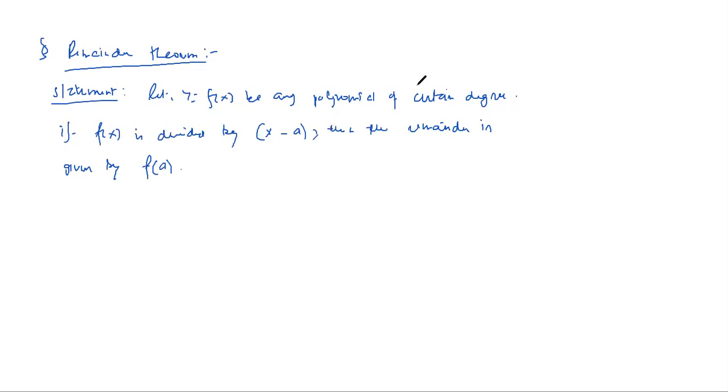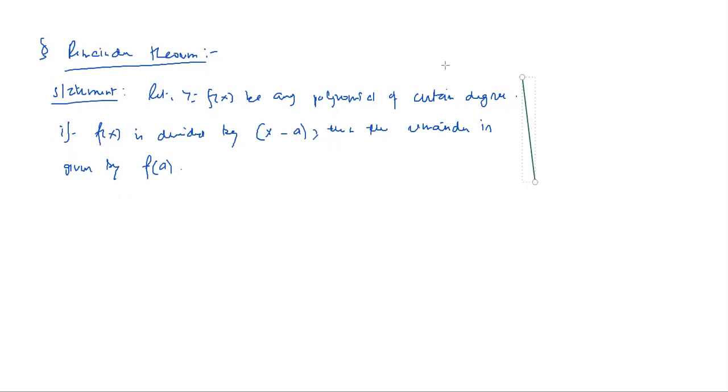Please see, my handwriting is not very clear. Let's try to see it. If y equal to f(x) be any polynomial of a certain degree, and if f(x) is divided by x minus a, then whatever remainder is there, that is worked out by f of a. So first I'll explain exactly what the thing is.